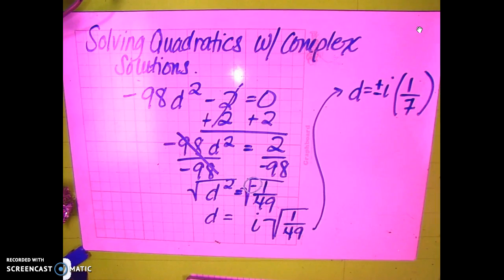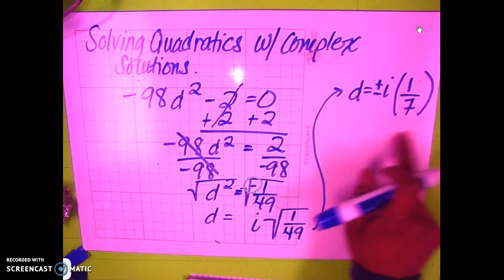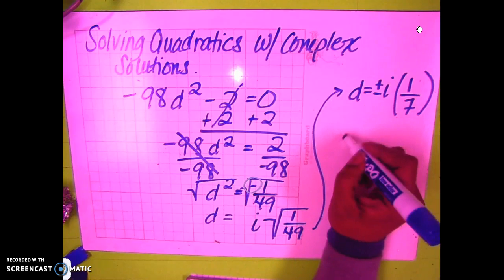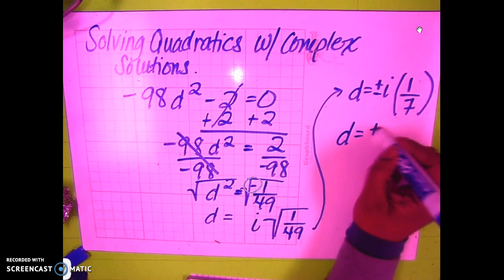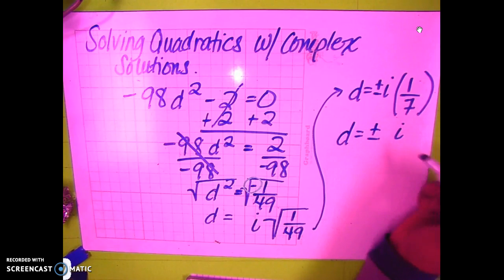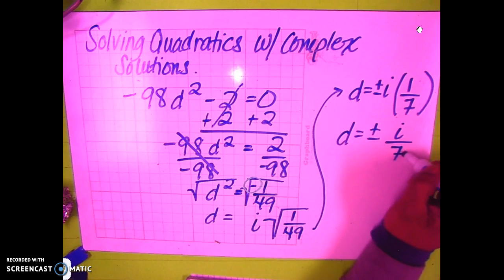Now, i is not restricted. You treat i as if it was like a variable, like x or y, u, v, w, whatever. So I'm going to make this look a little bit simpler and multiply these two. d equals plus or minus i times 1 is i, because anything times 1 is itself, and 7 stays on the bottom.